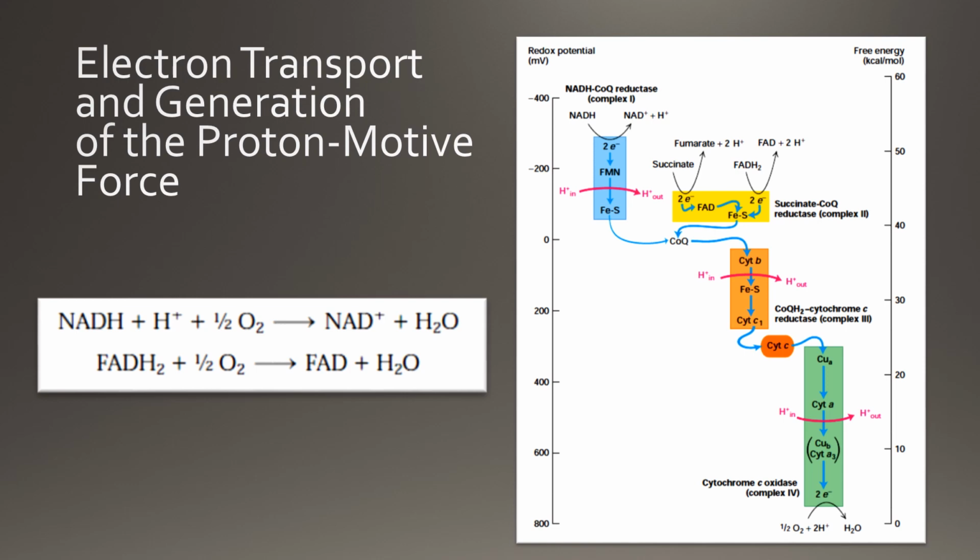So at several sites during electron transport from NADH to O2, protons from the mitochondrial matrix are pumped across the inner mitochondrial membrane. This uphill transport generates a proton concentration gradient across the inner membrane.